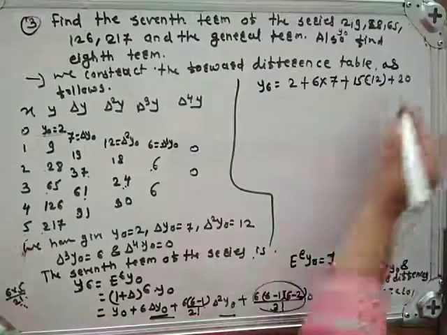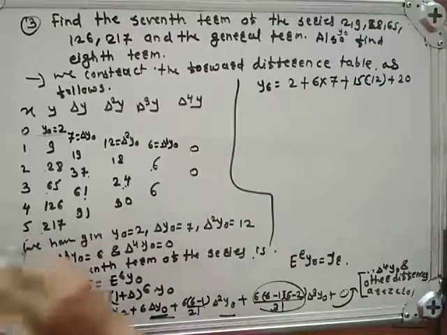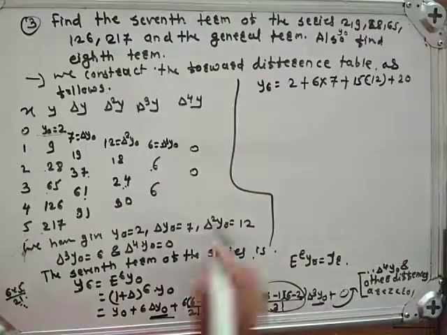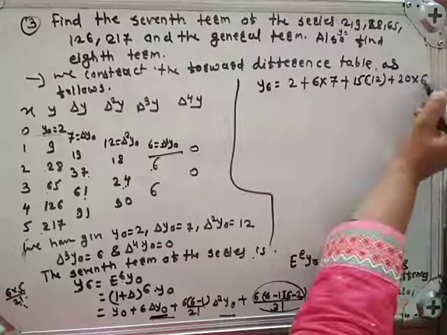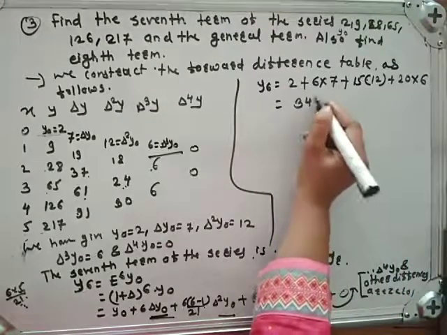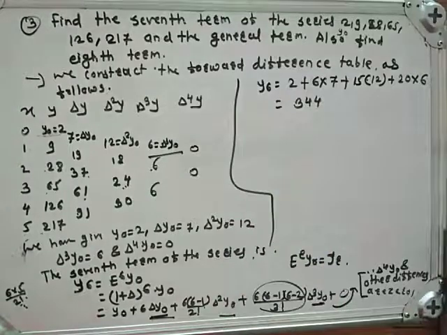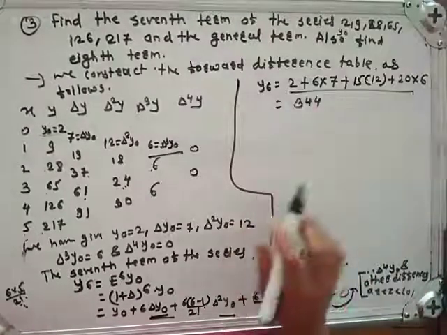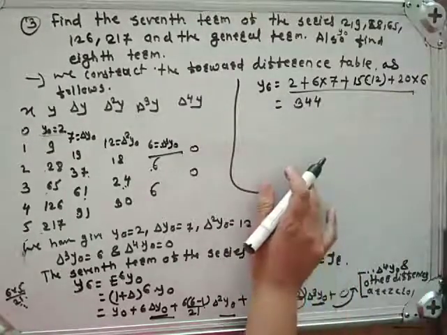Simplify this, you will get 20 into Δ³ of y0, which is 6. Okay. So you will get 334. Simplify this by using a calculator.